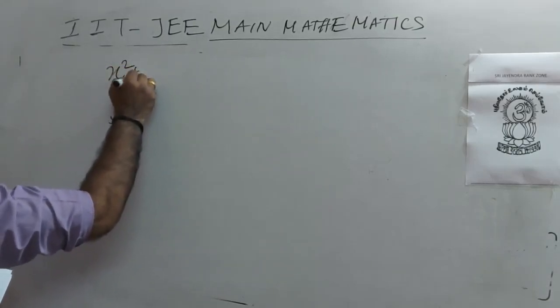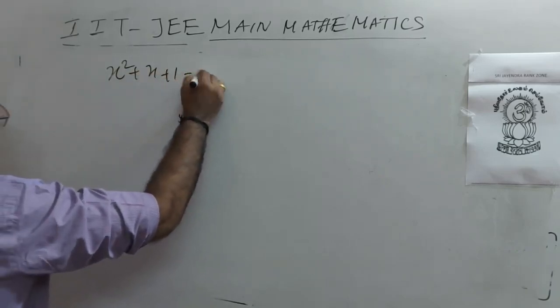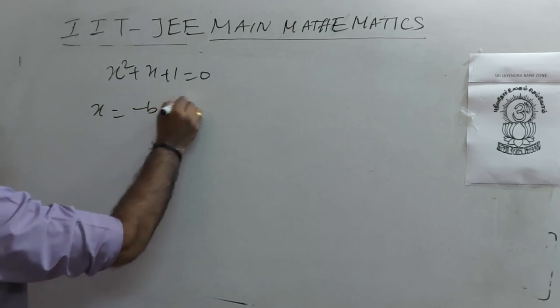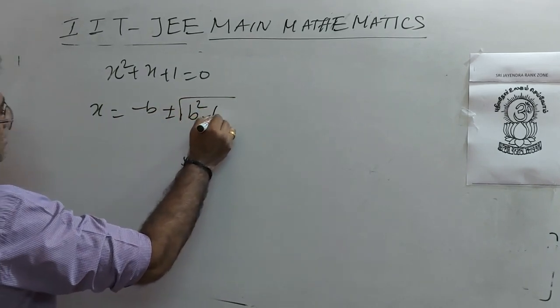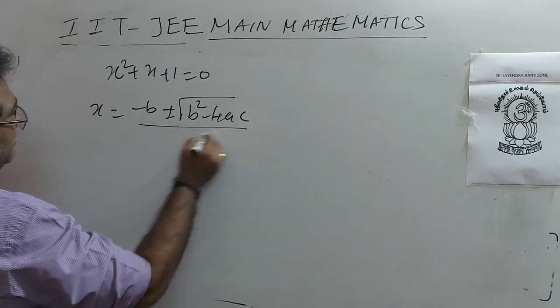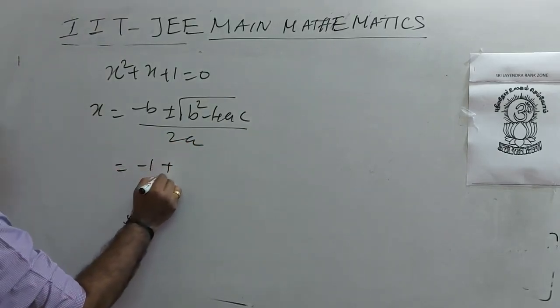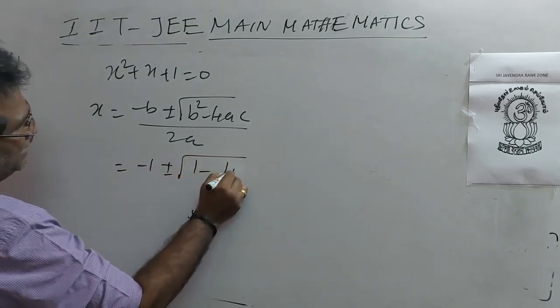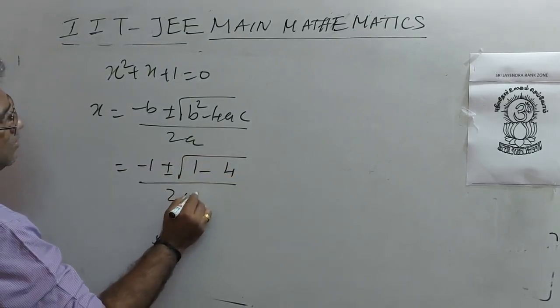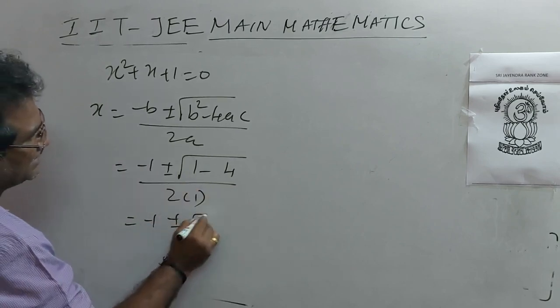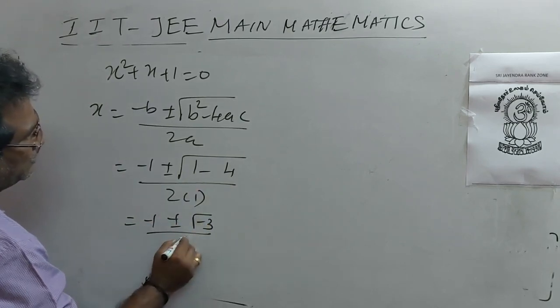So x squared plus x plus 1 equals 0. Find the roots. Minus b plus or minus root of b squared minus 4ac by 2a. So solving the quadratic equation, apply the quadratic formula. So minus 1 plus or minus root of 1 minus 4 divided by 2 into 1. Minus 1 plus or minus root of minus 3 by 2.